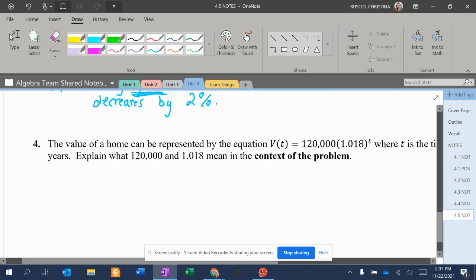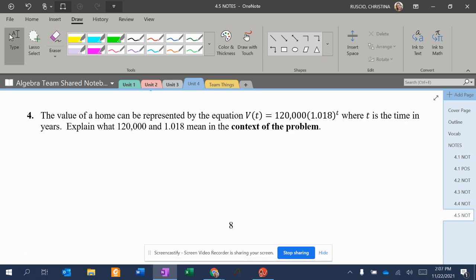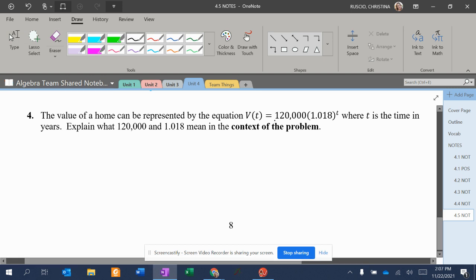Okay, let's see this again, how this might look in a different type of question. So the value of a home can be represented by this V of t function, where t is time in years. So we need to explain what the 120,000 and the 1.018 mean in the context of the problem. Well, many of you probably already know that this number out in front is the initial value. So what does that mean?